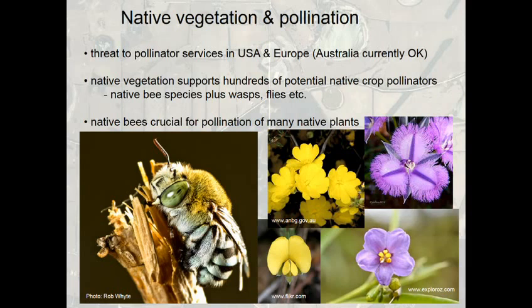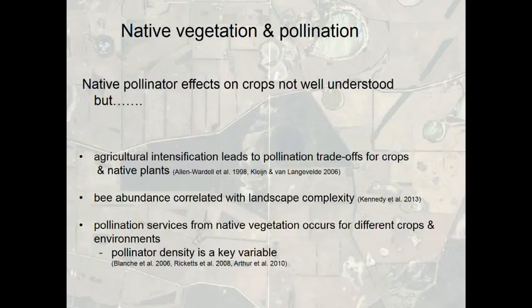And there's some of the examples of the plants that need buzz pollination. So a lot of lilies, hibiscus, a lot of the pea flowers, things like that need this form of pollination. So native bees are actually crucial for ecology and beneficial to agriculture.